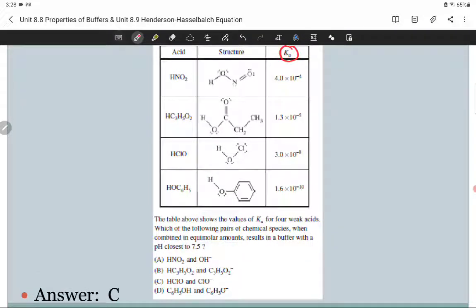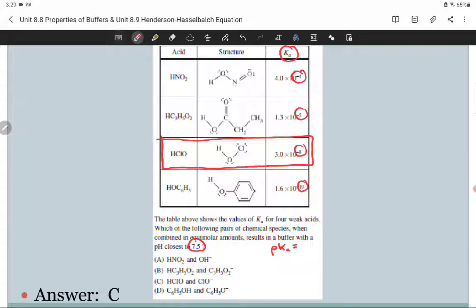remember that you're not going to get the ability to use a calculator to go from Ka to pKa. So it's going to be in the ballpark of those exponents. Not the negative part, but 4, 5, 8, and 10. We want one that's closest to 7.5. So I think we're going to be looking at that.